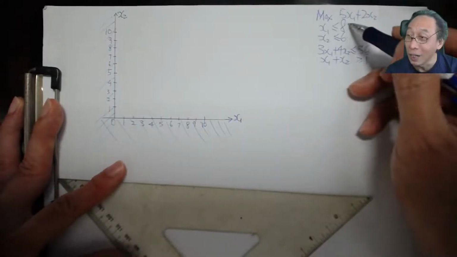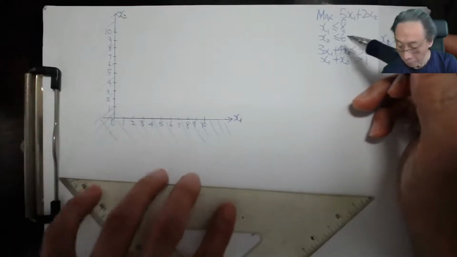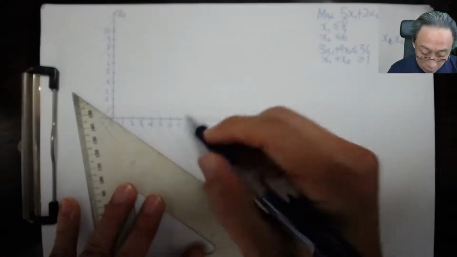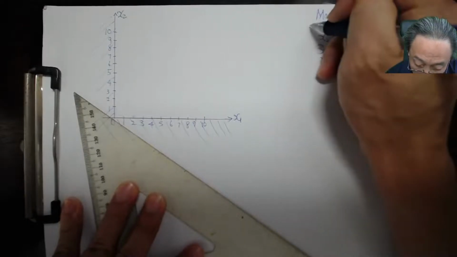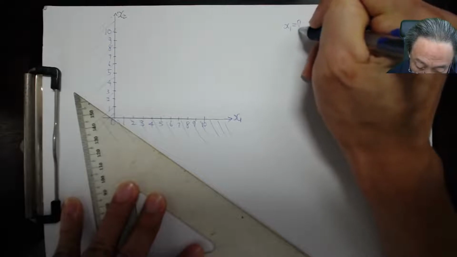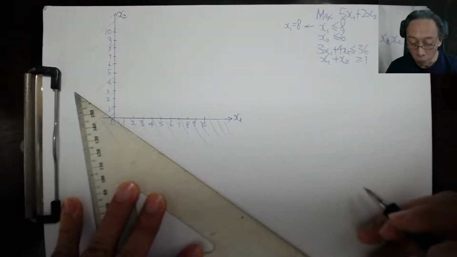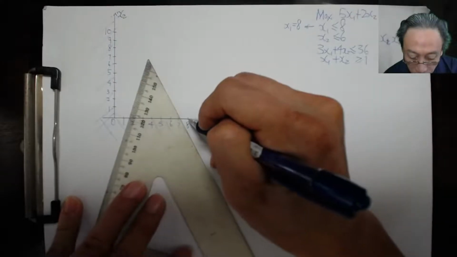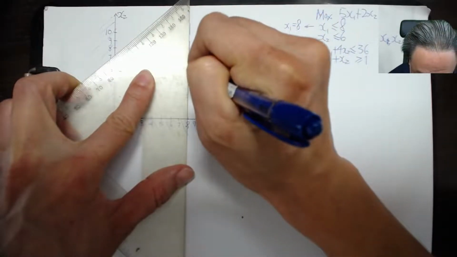Because we have the next two easier constraints, x1 less than equal to 8. If you turn that into an equation, x1 equal to 8, as a tool for us to draw the line first, the boundary first, then we'll have x1 equal to 8.